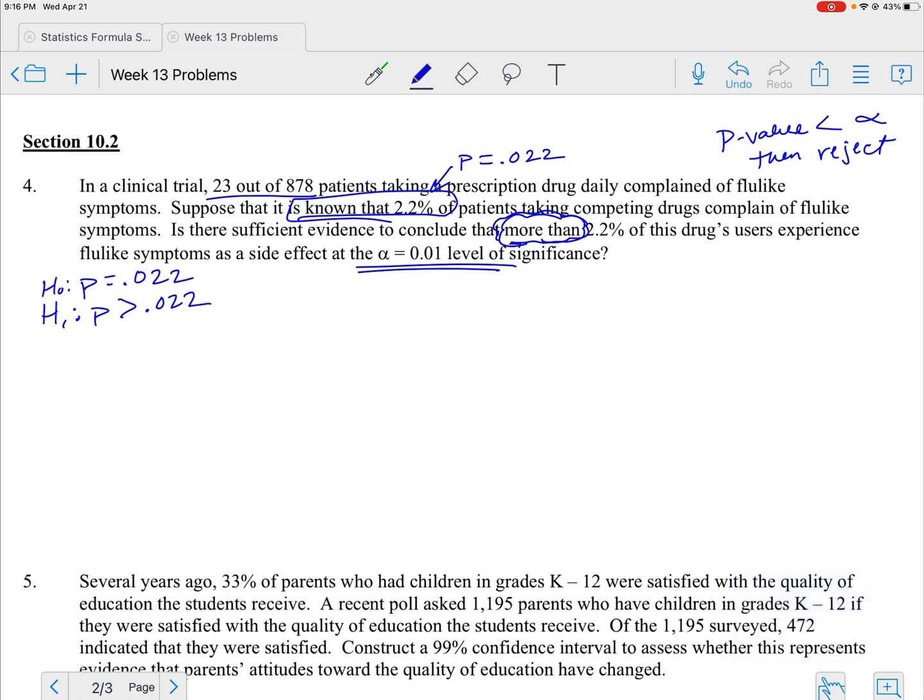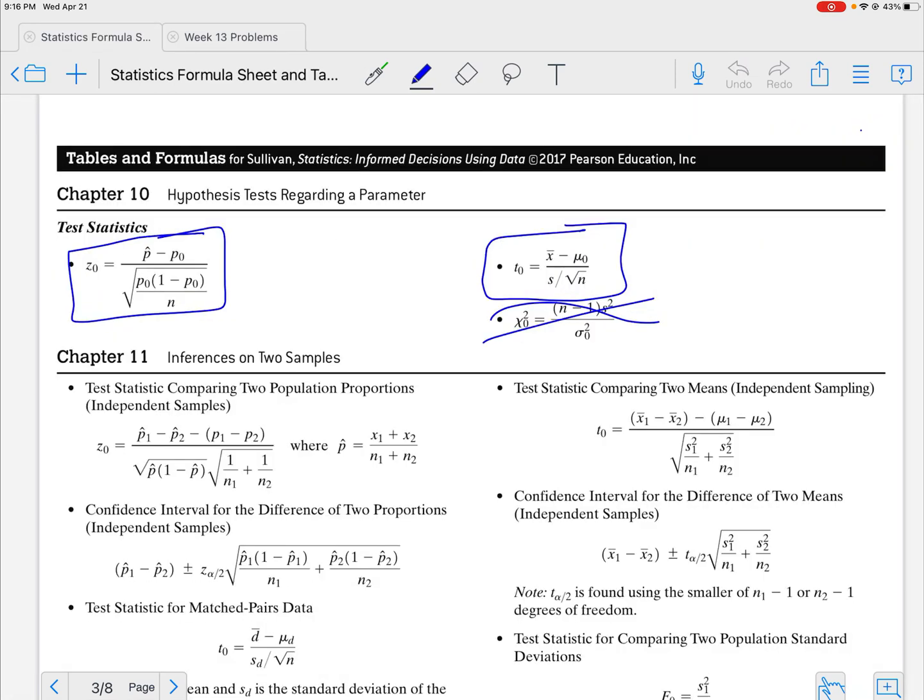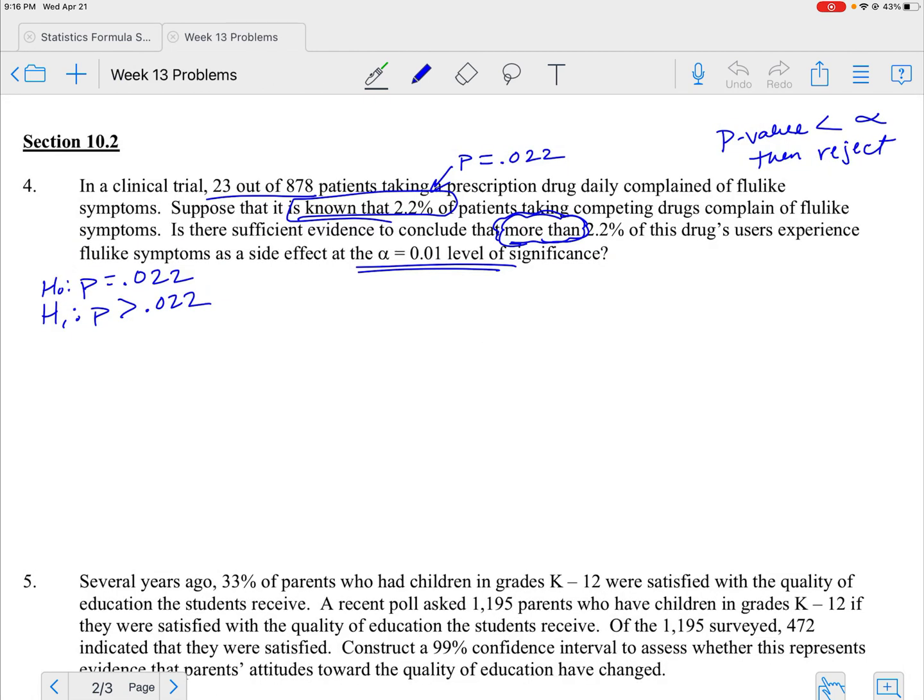So the first thing we need is our test statistic. So we go to our handy dandy formula sheet. I know that I'm talking about this P. I've got these P values in here. So because I have these P values, I am looking at the Z scores. Proportions, Z scores. Mean, T scores, right? Remember that? Okay.